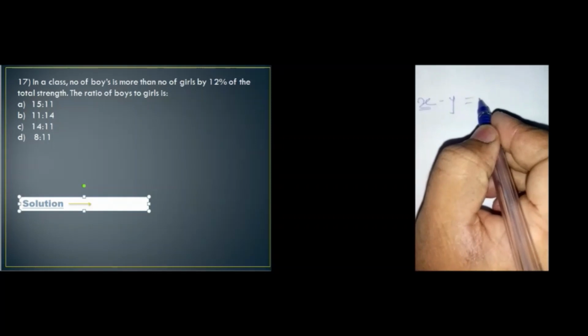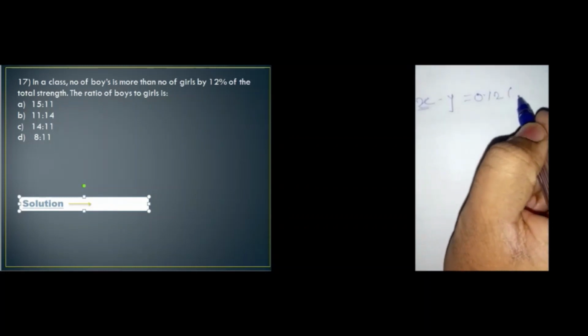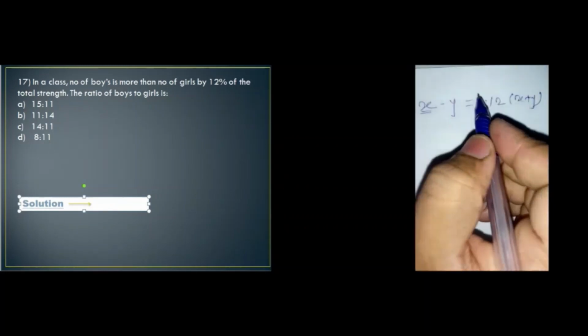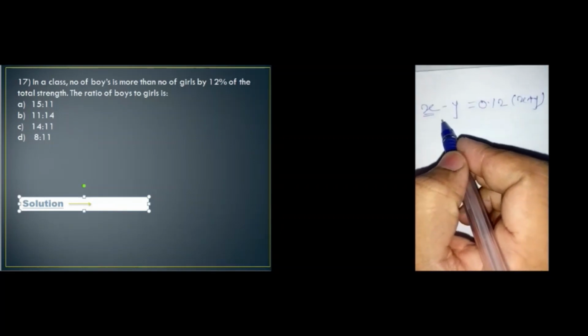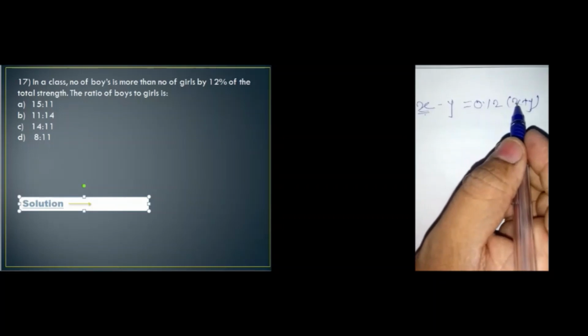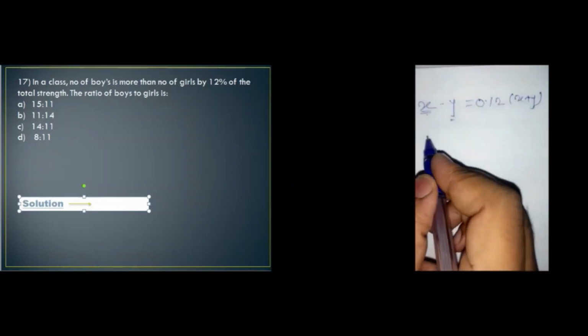So 12% of the total strength means it is going to be 0.12 times the total strength, which is x plus y, because x is the number of boys and y is the number of girls. So this equation simply we will have to solve.